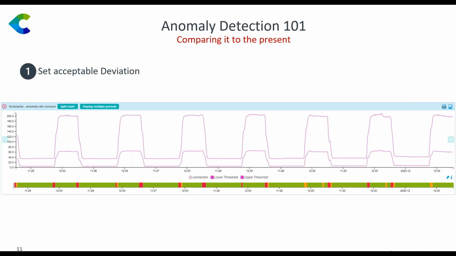Well, how tolerant am I to deviations from this expected value? Well, that's what we call the acceptable deviation. Basically, it will give us the size of the envelope in which we agree that the metric evolving within this range is acceptable. This is the first step.